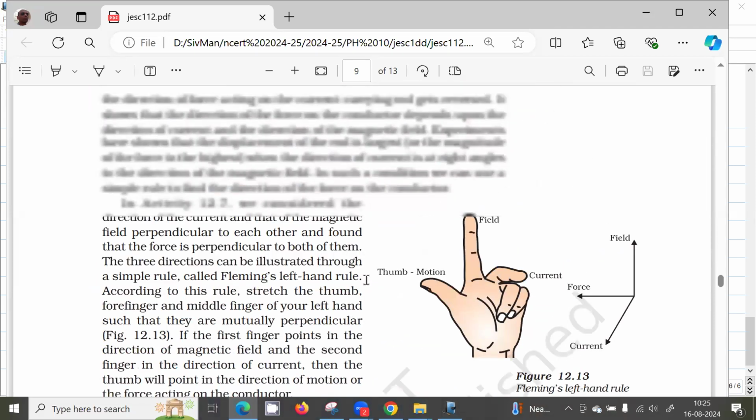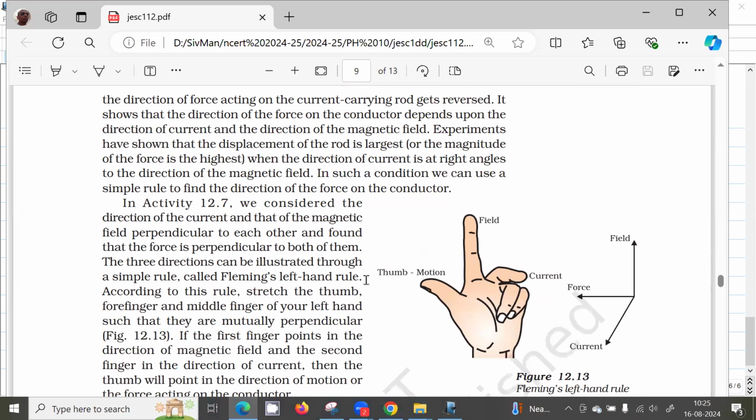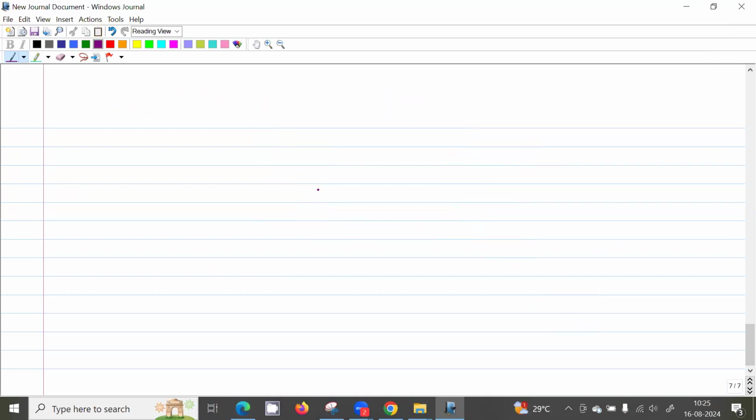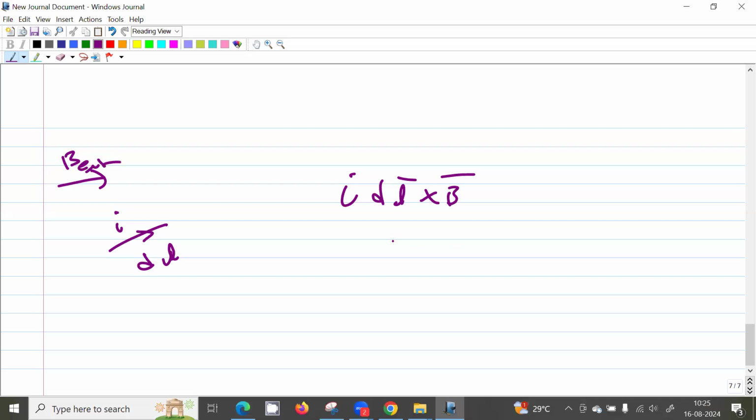The force on a current element I dl carrying a current I when there is an external magnetic field is I dl cross B. This comes from the Lorentz force, which is q v cross B.